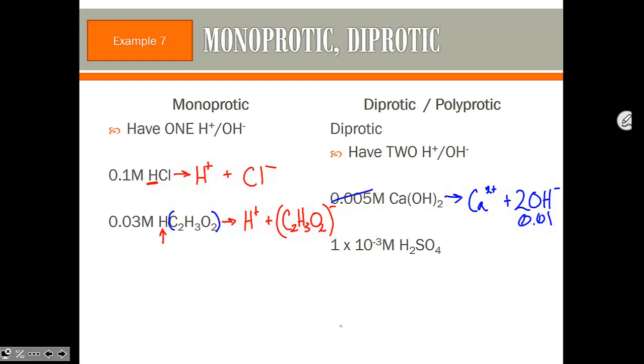Sulfuric acid is also polyprotic. I can receive 2 hydrogens for each molecule of sulfuric acid that dissociates. Thus, the concentration of hydrogen ions would be twice as much when it dissociated.